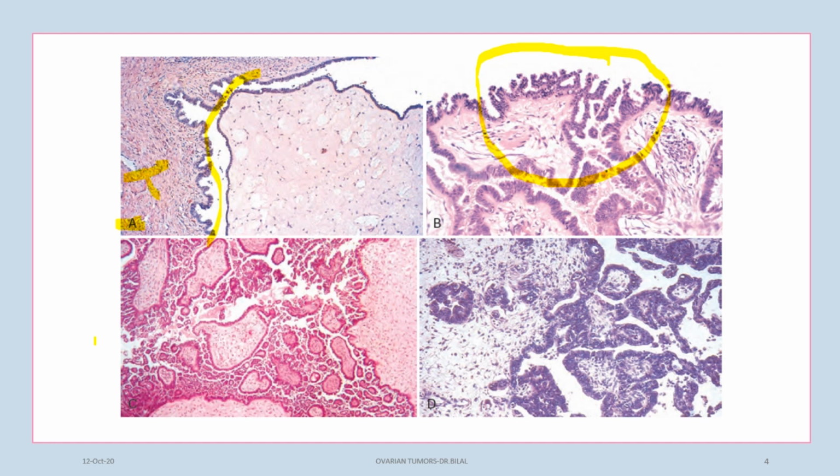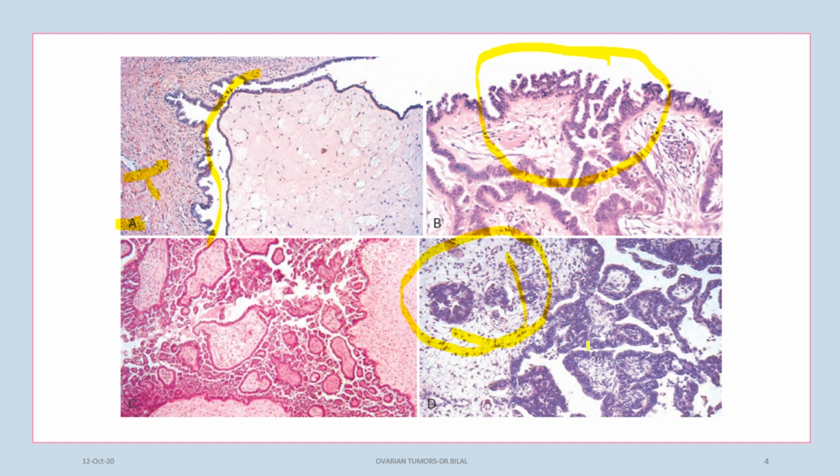You're familiar with the word invasion now. This is how it looks: the tumor cells have invaded into the stroma, and this is likely a carcinoma. If you don't remember it as low grade or high grade, at least remember that it's a serous carcinoma.